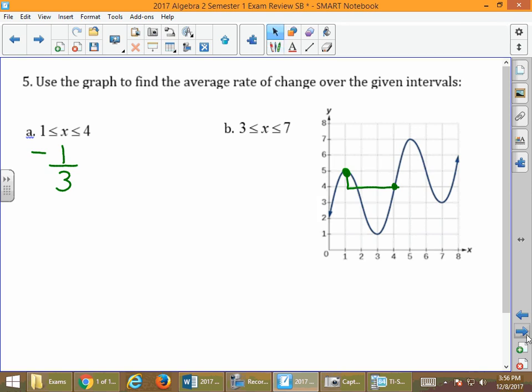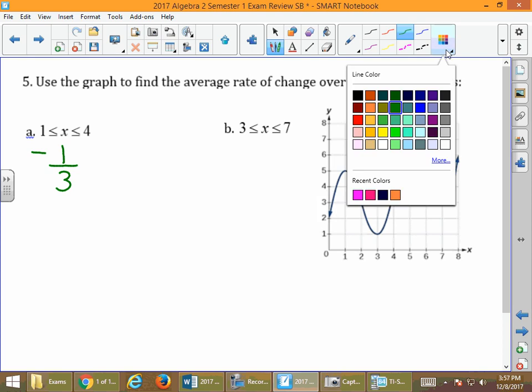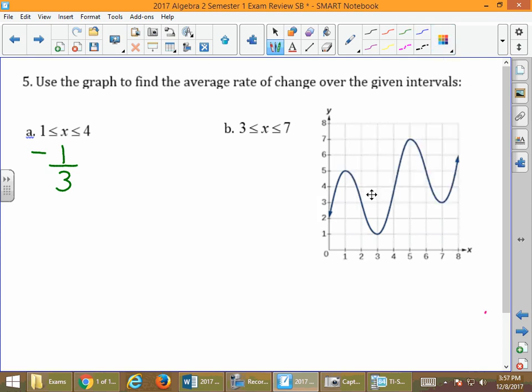Let's try that again with this other point. I'm going to erase the green. And let's look at our values for 3. 3 has a corresponding y point of 1, and 7 has a corresponding y point of 3.